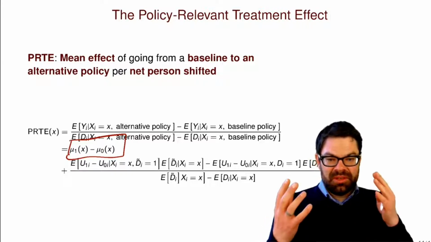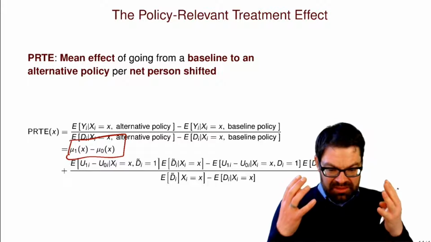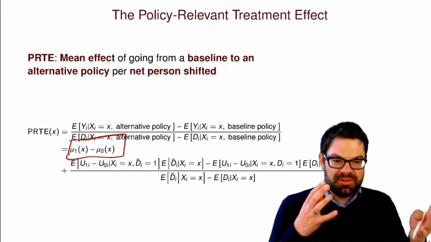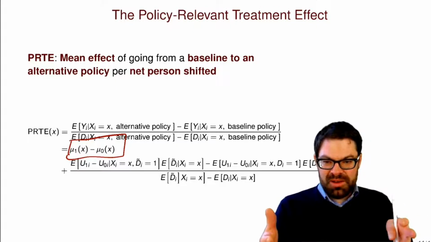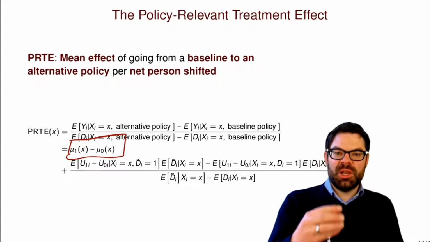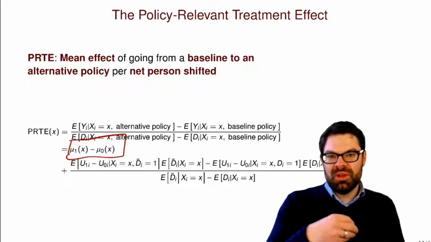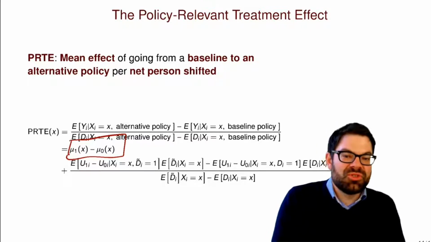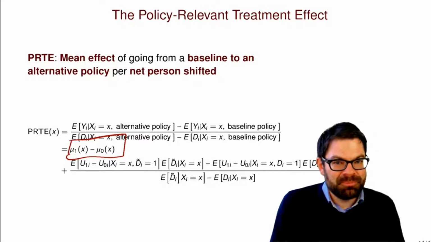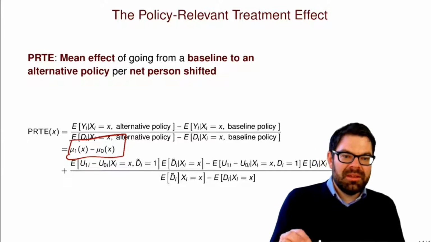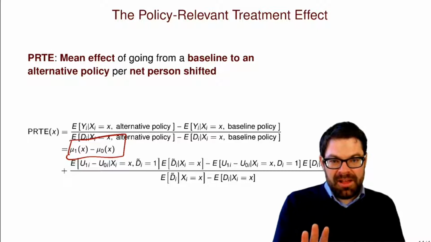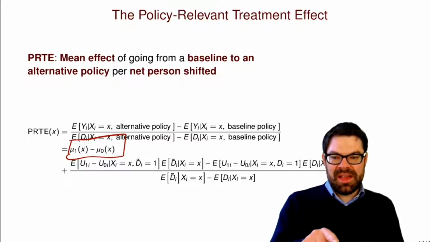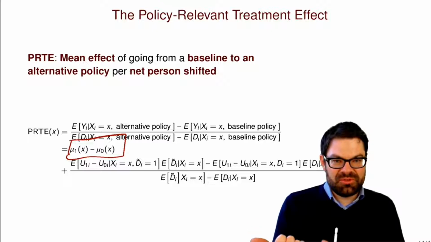And so thinking about the treatment effects more in terms of alternative feasible policies is obviously a lot closer to what economists who evaluate policies should actually be doing. Now, one caveat here is that we may not always be able to identify the policy relevant treatment effect.